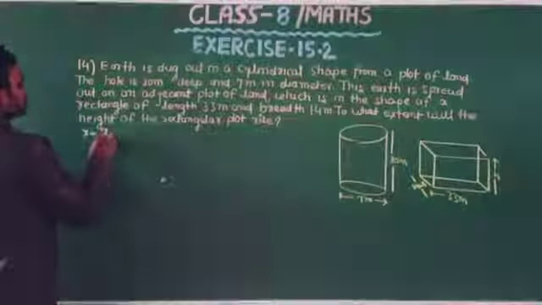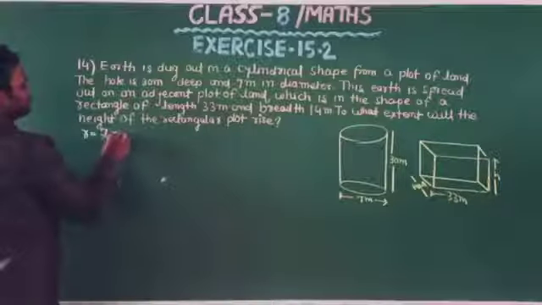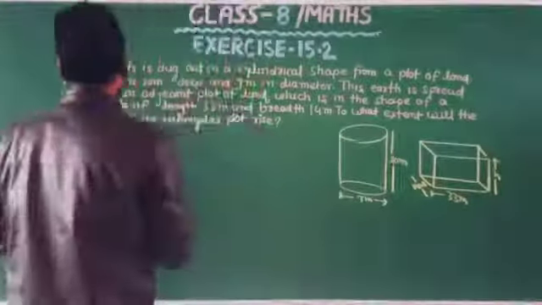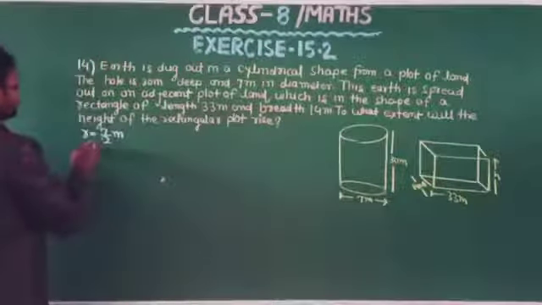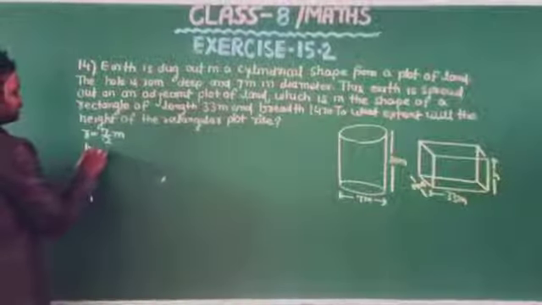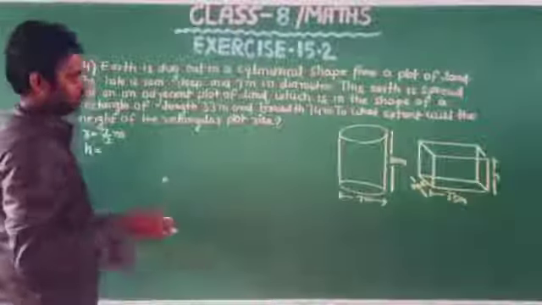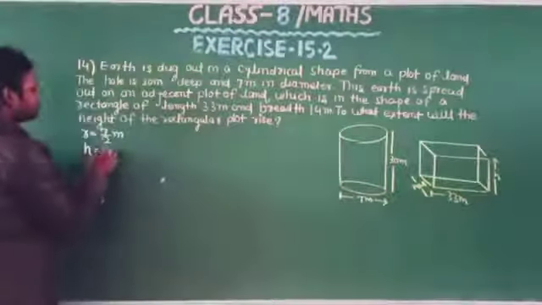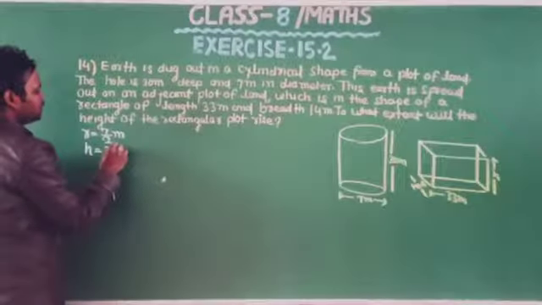The diameter is given as 7 meter, so the radius is equal to 7/2 meter. And let h be the height of this cylindrical hole, which is equal to 30 meter.